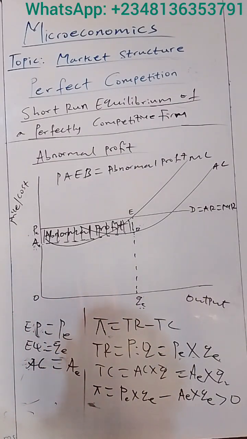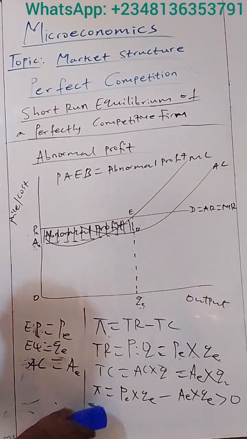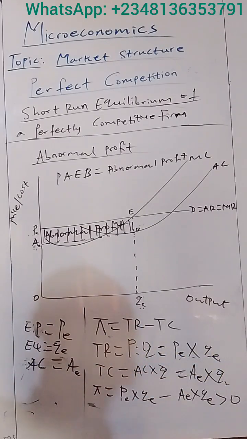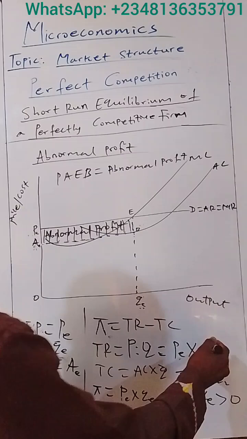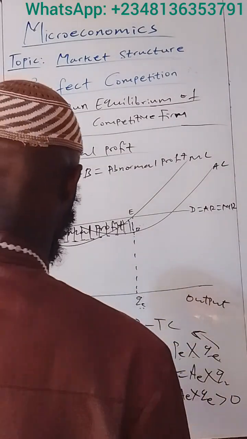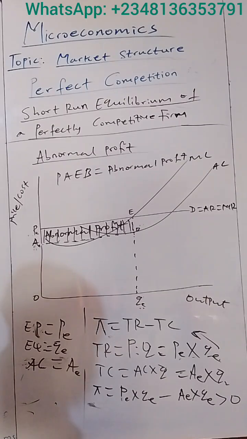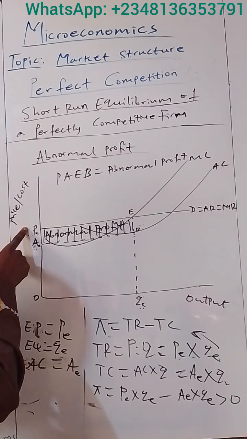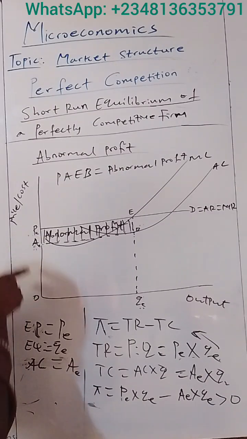So the same thing, I have my profit as this, and total revenue is PE times QE. This total revenue can also be viewed in the form of the area of a shape. For example, you can see total revenue is OPEEQE, because that is the price, starting from the origin.